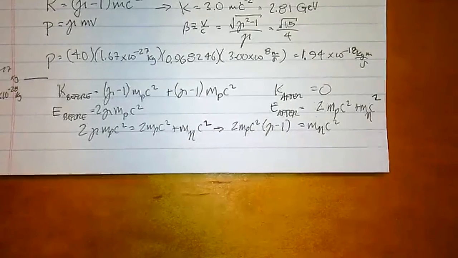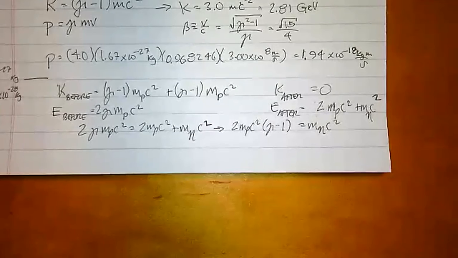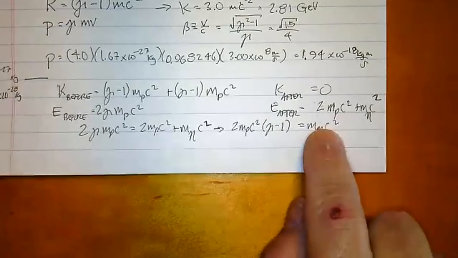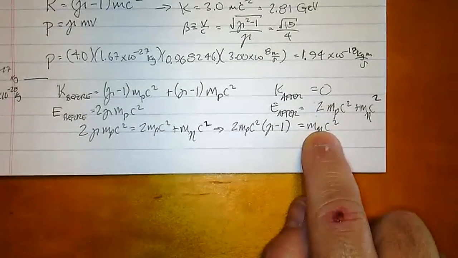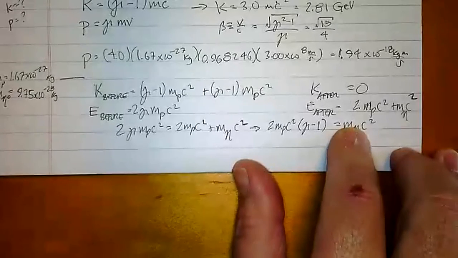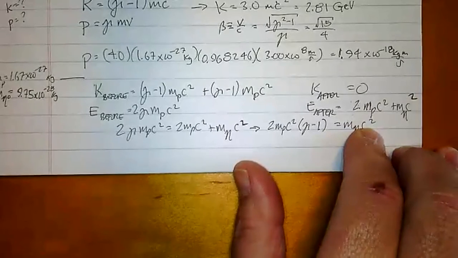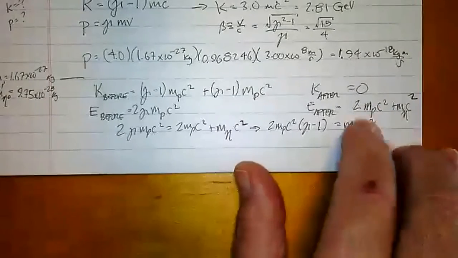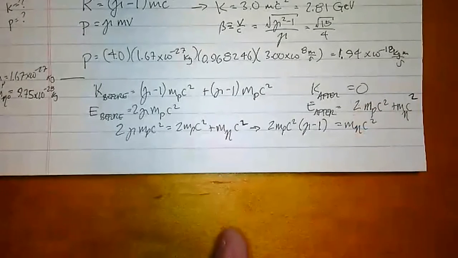So in order to find the speed, I have to solve the left side of that equation. Well, no, actually the left-hand side of the equation is twice the kinetic energy. So the right-hand side of the equation, if you take 1/2 of that, that's the kinetic energy of a single proton. So you just take the mass that they gave you, that's 9.75 times 10 to the negative 28, multiply that by c squared, and then divide that by 2, and that'll be the kinetic energy of one of the protons.